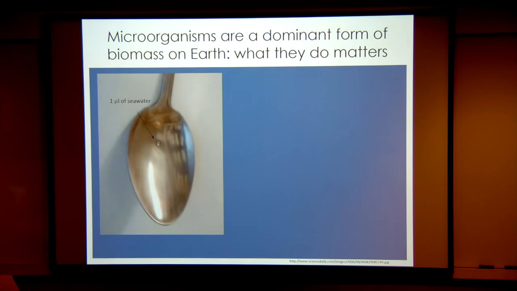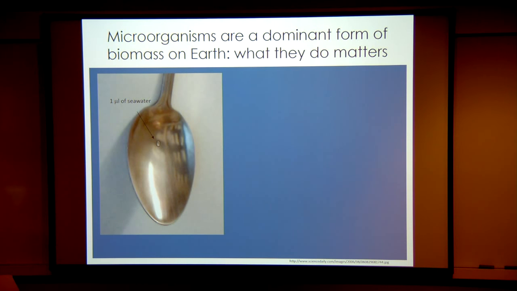So just to begin, I like to start off with how important microorganisms are to all the ecosystems that they inhabit. Microorganisms are a dominant form of biomass on the planet, and so what they do really impacts the ecosystems they inhabit. You can see here, this is a 1 microliter drop of water on a teaspoon for your reference.